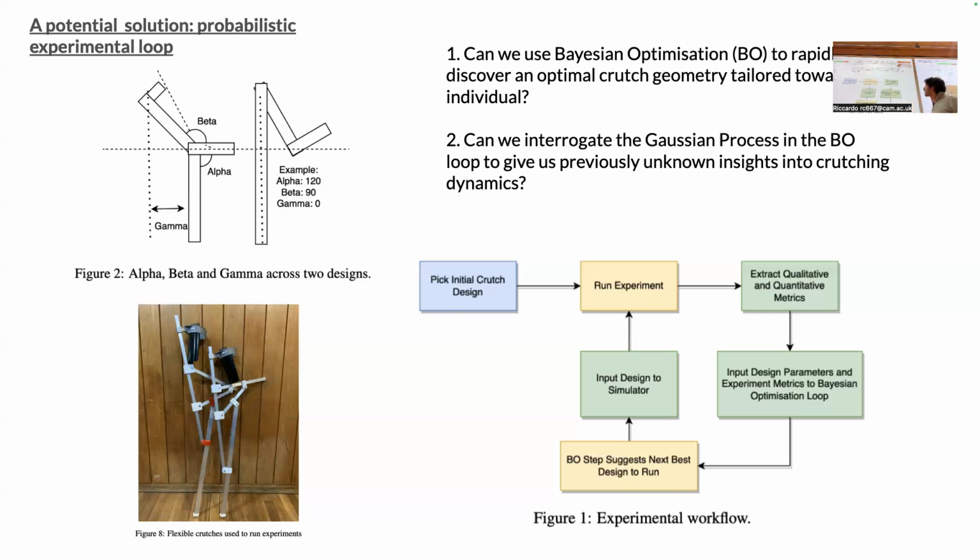One way is through Bayesian optimization. One of the benefits of Bayesian optimization is that, through Gaussian processes, it is a way to rapidly find the optimum of an unknown function that you cannot simply run a gradient descent on.